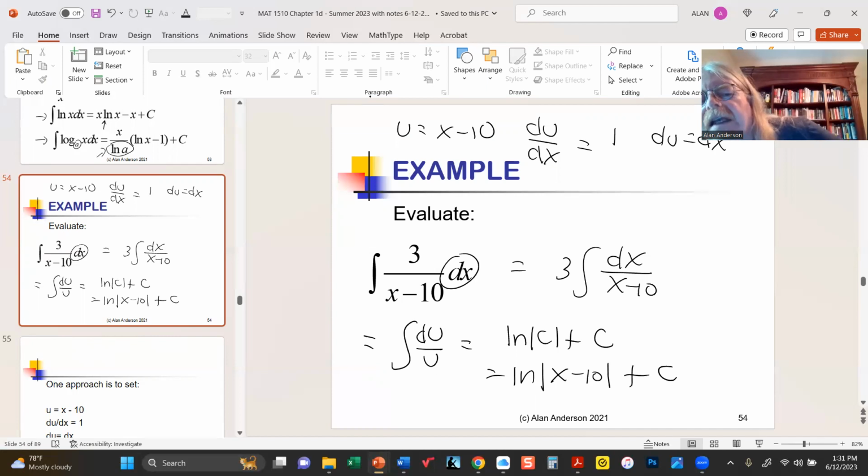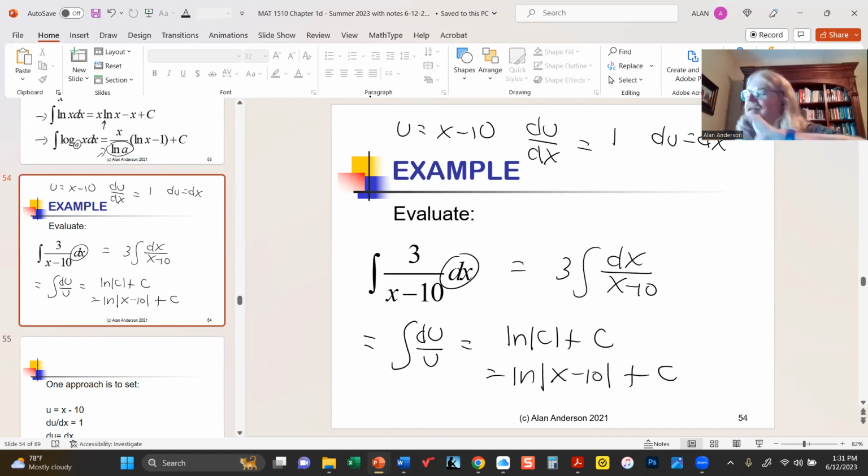So you're trying to get it into that form. du over u is the natural log. Once you recognize that, once you get good at this, you'll start to recognize these forms, and you'll see that, with a little rearrangement and the right choice of u, we can reduce this to something manageable.